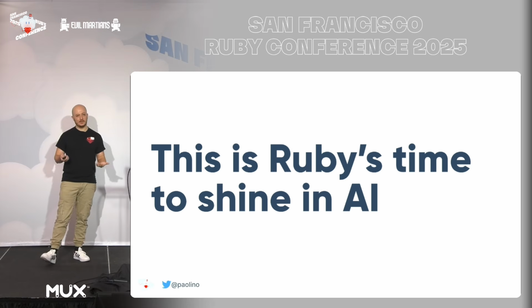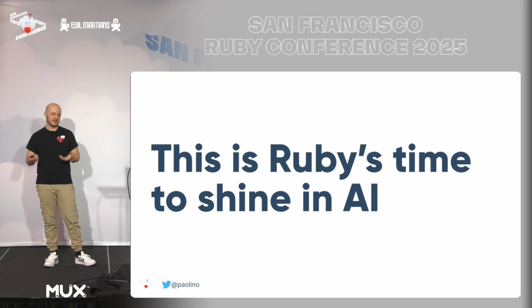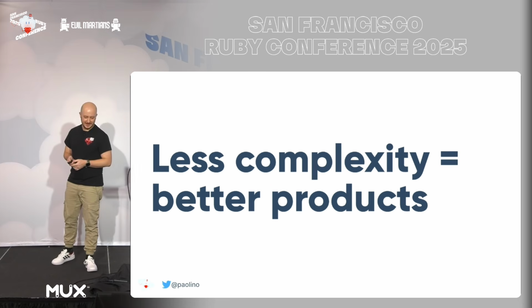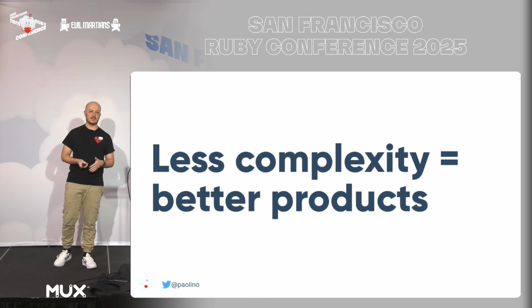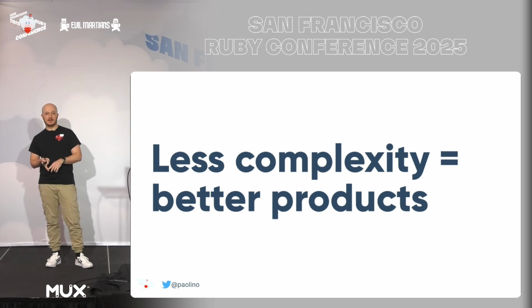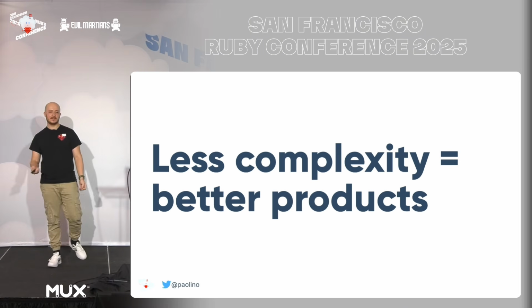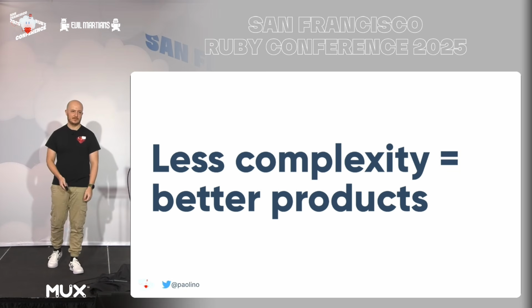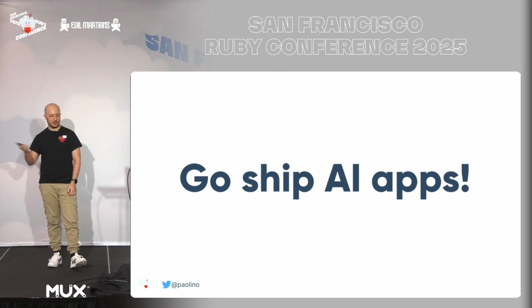And since it's product development, who is the best community to make products? I think it's Ruby. And the thing is, this community, when it's about complexity, we built Shopify, GitHub, Basecamp, you name it, and all the startups that you're building right now. So it means that less complexity actually means better products. And I think we have the right tools for that.